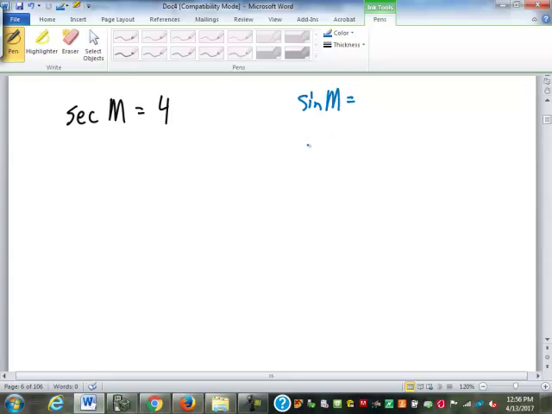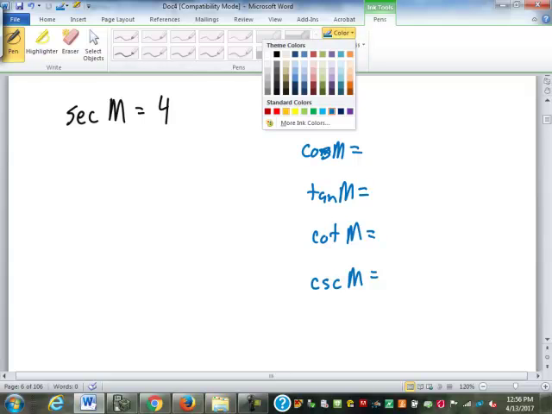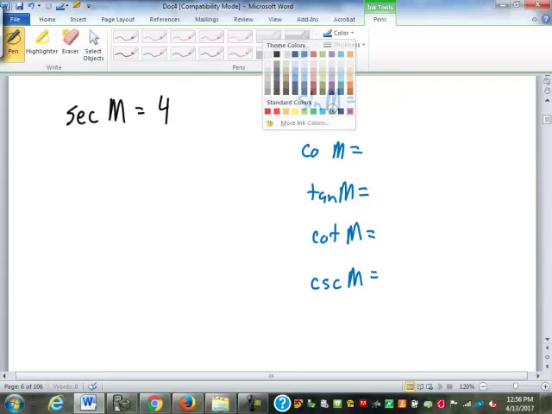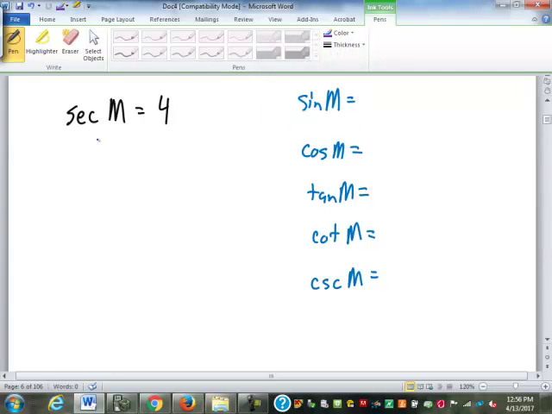Now I find the sine M, cosine M, tangent M, cotangent M, and cosecant of M. Well, here there is definitely one of them that I have to find first. Which one do I have to find first? Yeah, secant. The only one that secant is related to is the cosine.